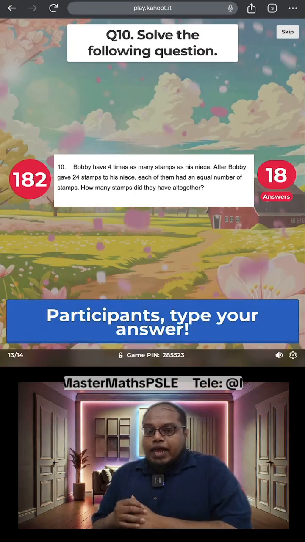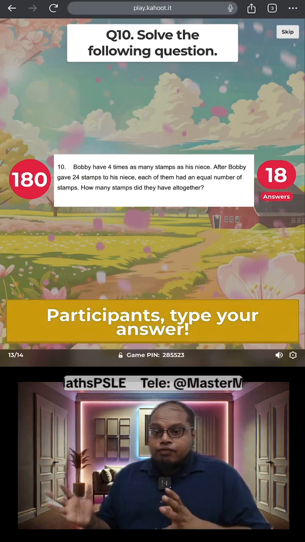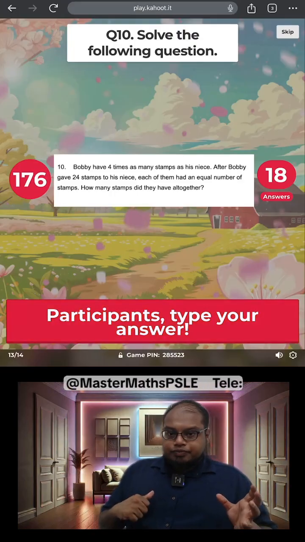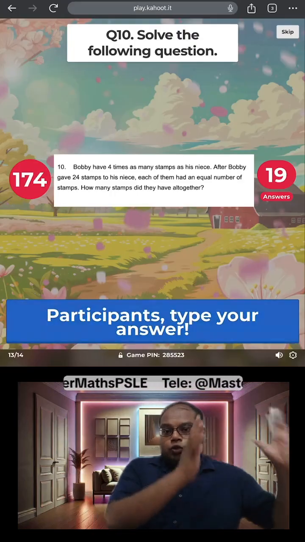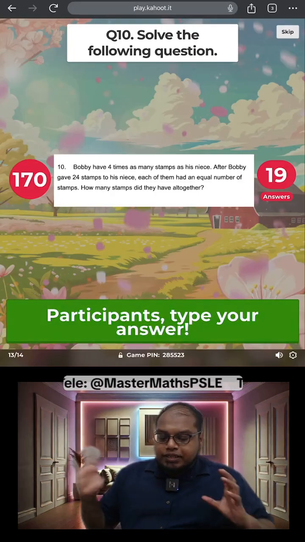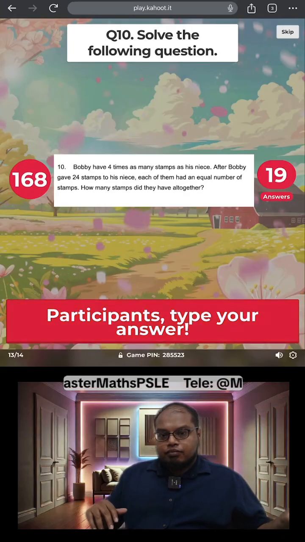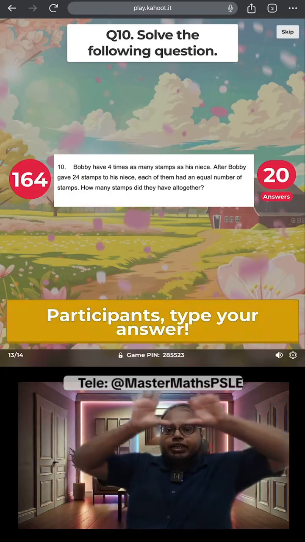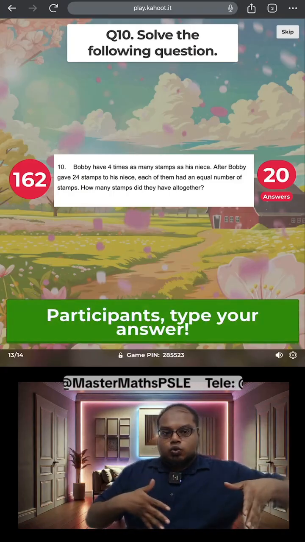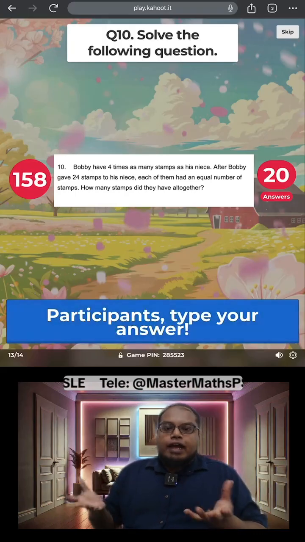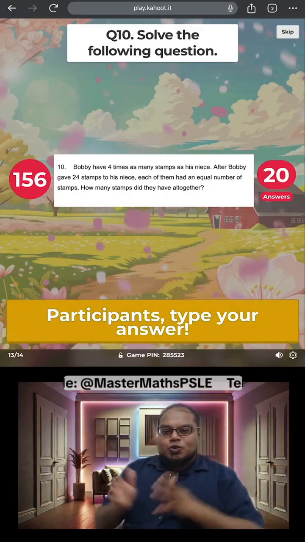Alright, so you need to take a look at the before. Before, Bobby got how many units? The niece got how many units? Where you can find the total units. And then after, Bobby is equal to his niece. Alright, so then if it's equal, how do you split the initial total into 2?